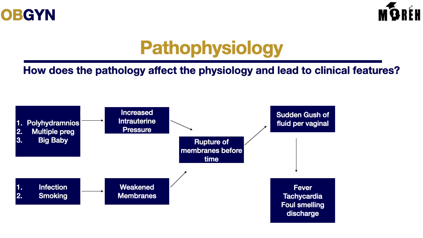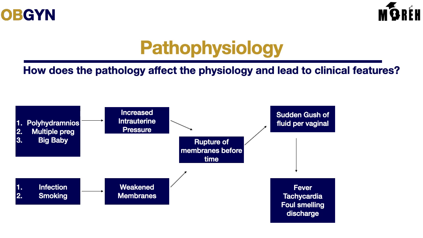Remember why the membranes were important in the first place. It functions as a barrier, protecting the fetus from infection. So if the fetus remains in the uterus and the membranes have ruptured, there's no protection anymore from infections. The challenge is that we can have what is known as chorioamnionitis, and we're going to discuss that even more when we discuss the complications.